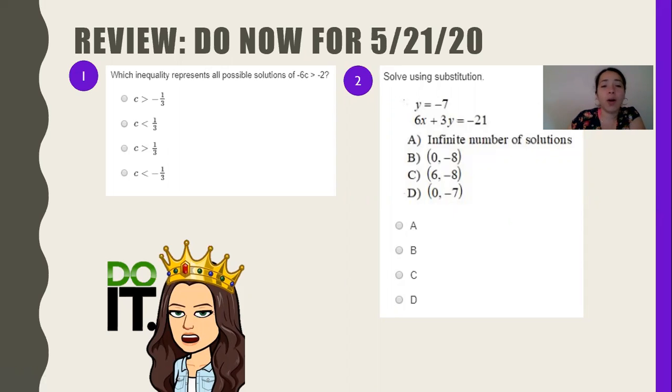It says, which inequality represents all possible solutions of negative 6c, which is greater than negative 2? Do you have any idea of how to solve that, Sincere?